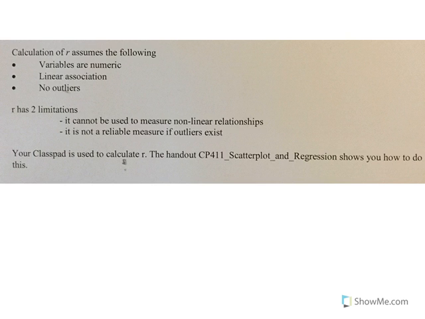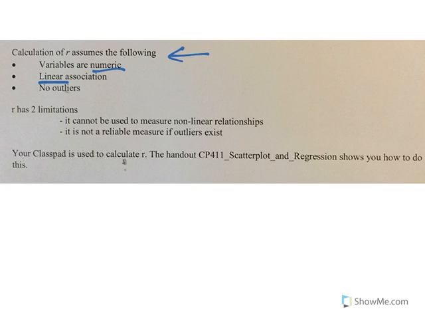Before we do that, there are three things in particular that the calculation of R, the Pearson correlation coefficient, depends upon. It assumes the following. These things here are assumptions. The variables are numbers.